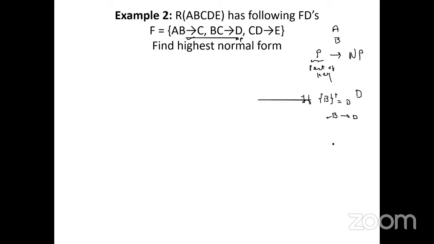So what is the meaning of that? When you say B plus doesn't give D, the meaning is B alone does not derive D, and hence the partial dependency does not exist.